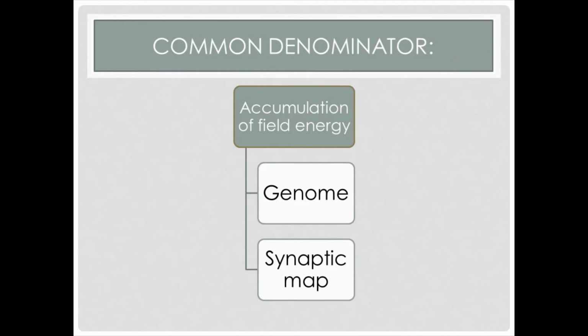It could run in any direction. And in the first case, the field was a genome, which represents complexity. And in the second case, in cognition, it is the synaptic map that gains this energy and complexity.